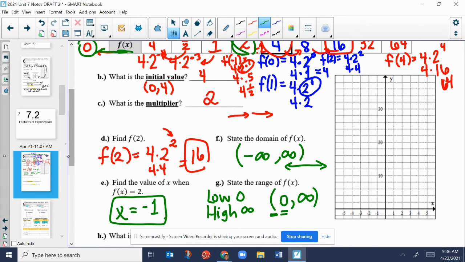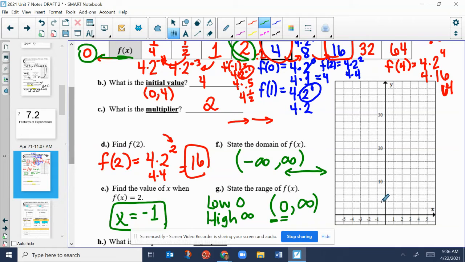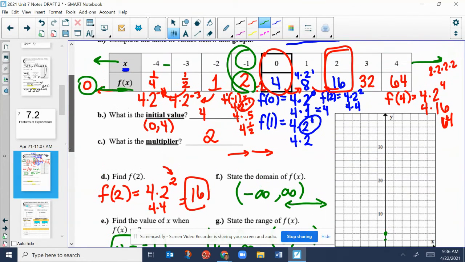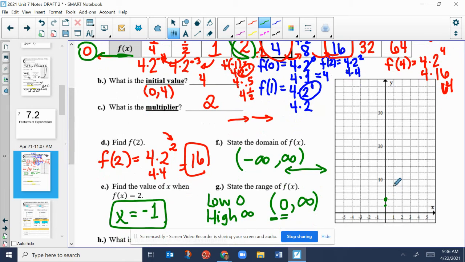Plotting the values now, we're going to start from 4. This goes by 2, so here's 4. And then we're just going to plot these values. 1, 8, 2, 16, 3, 32, and 4 would be off the charts already.